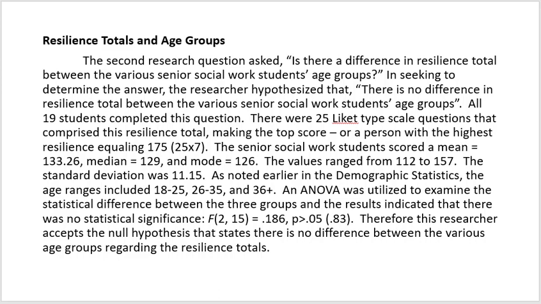F equals 1.86, with a between of 2 and within of 15, and a p is less than 0.05 equaling 0.83. Therefore, this researcher accepts the null hypothesis that states there is no difference between the various age groups regarding the resilience total. Remember to use third person, this researcher, in these sections.